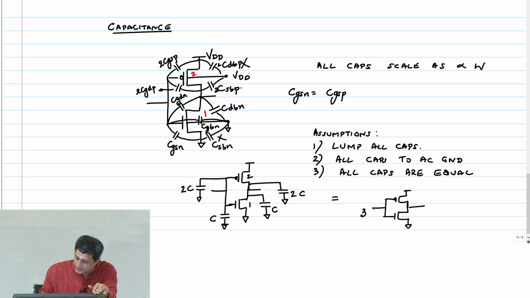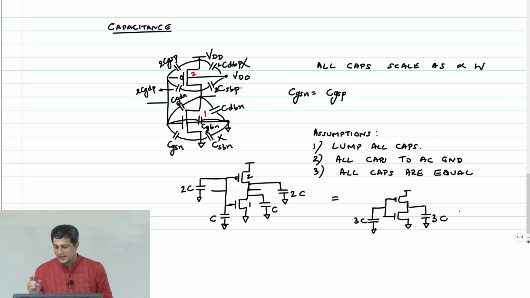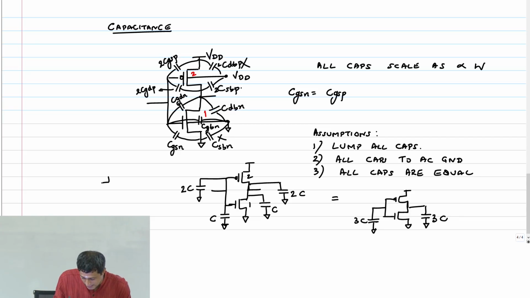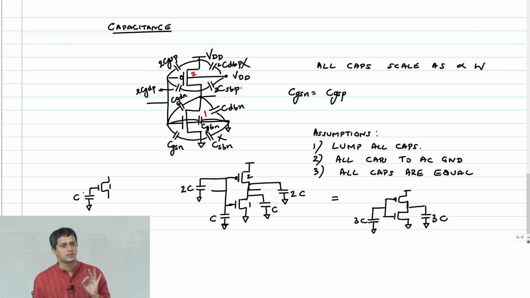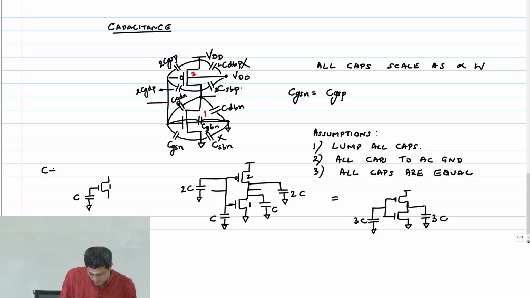This is 3C, and this is also 3C, where C is basically the gate capacitance of a unit NMOS transistor. This is C, the net gate capacitance of a unit NMOS transistor. That's what this C is.